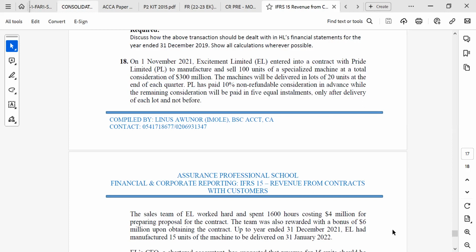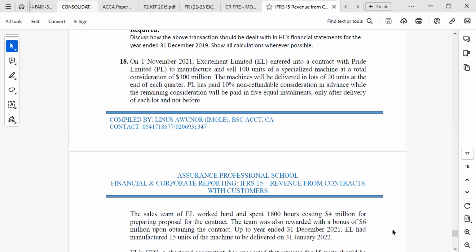On the 20 that will be delivered also, the revenue will be recognized on each of them one by one. So what will be the revenue that we should recognize on the 15? Because this will surely be delivered in the next year.